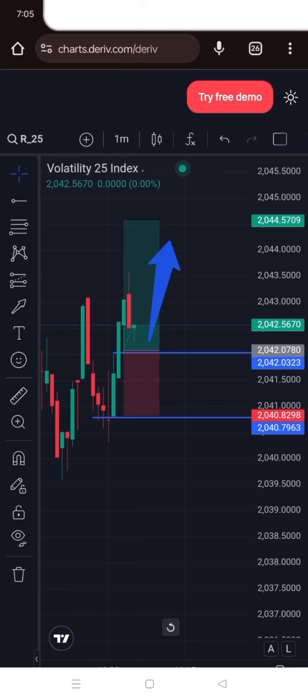If you have learned how to master candlestick psychology, after you can see I've marked that as my stop loss, and my take profit I've taken at 1:2, so I'm very sure that the market will move in my direction.